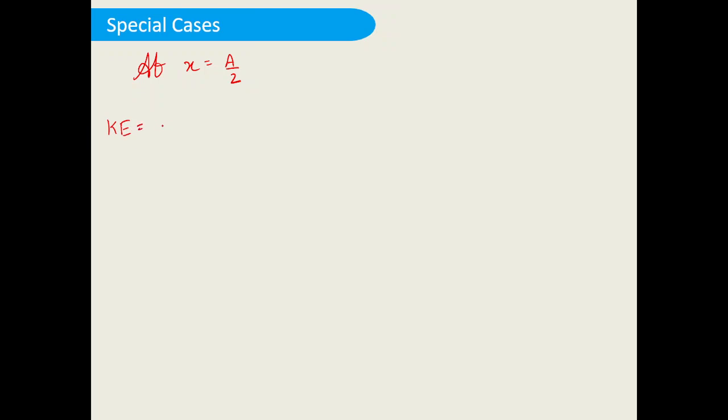Kinetic energy will be equal to half k times a square minus x square. So this is half k times a square minus x value, which is a square divided by 4. So this equals half k times 4 minus 1, it will be 3a square divided by 4.